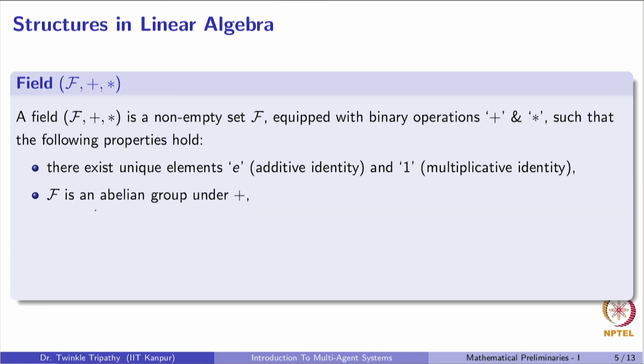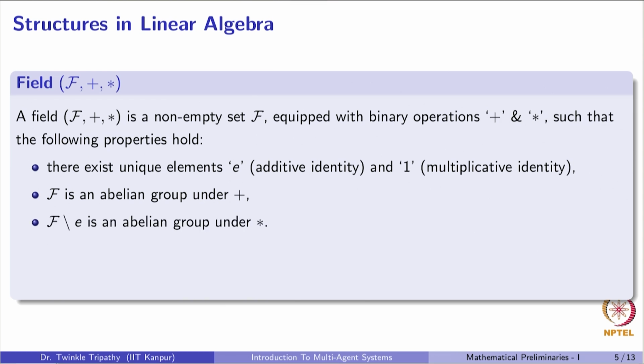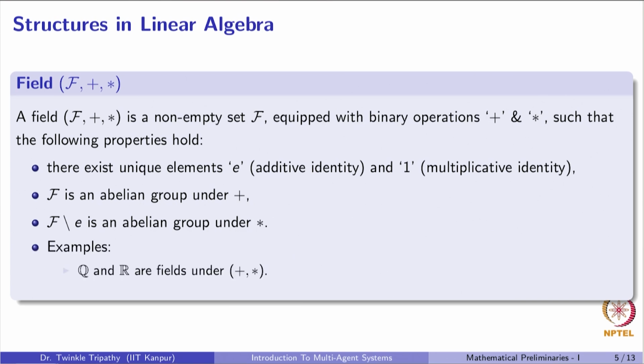Then F should also be an abelian group with respect to the addition operation. Now, F should be an abelian group under the multiplication itself with one small condition, which is that we need to take the additive identity element out of the set. Then F minus E must be an abelian group under the multiplication operation. So, these are the properties.